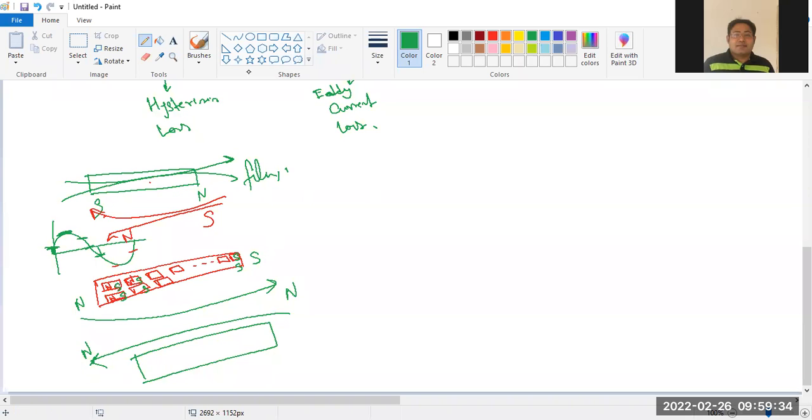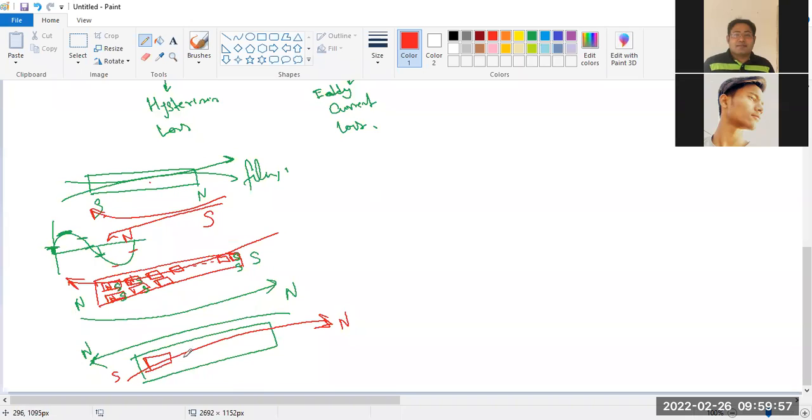Look, I am showing that. This is N, this is S. You can see each element here becomes N and S.